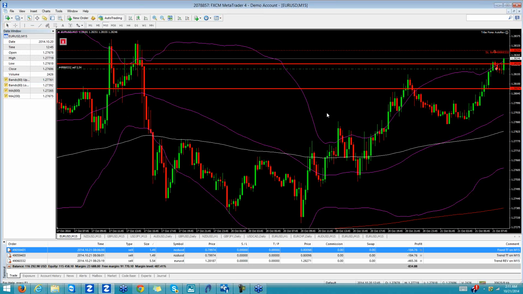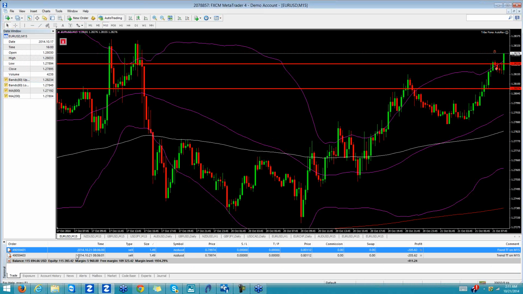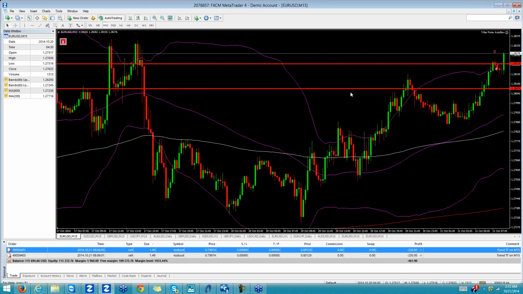It's about 5 pips away from its stop loss. Okay, so that closes us out here on the euro dollar. So that's a 1% hit there. New Zealand dollar still in the game. Did move up. And we'll maybe have another shot at it.